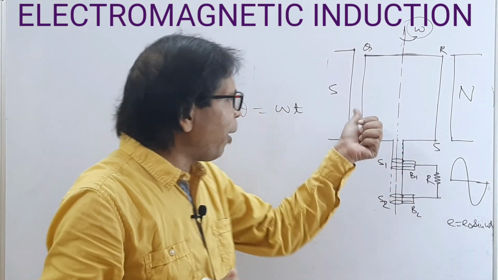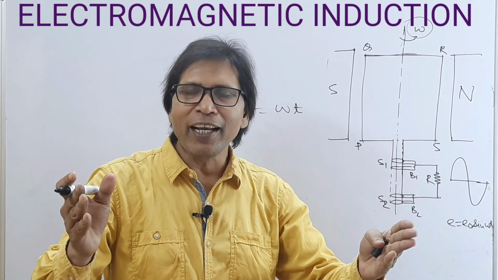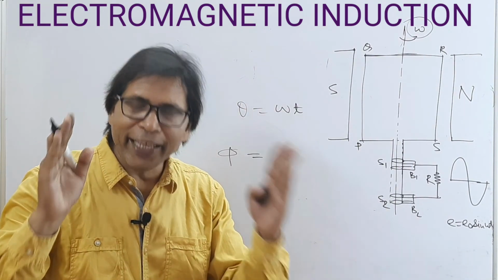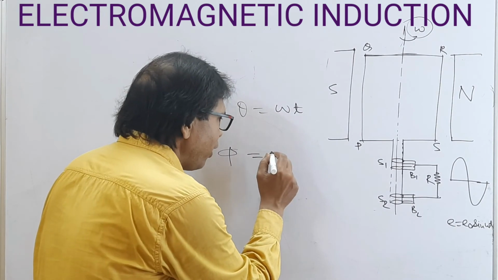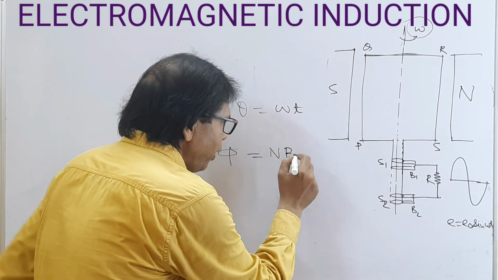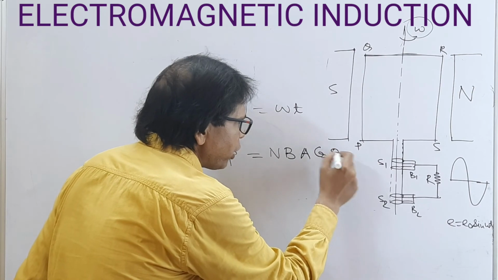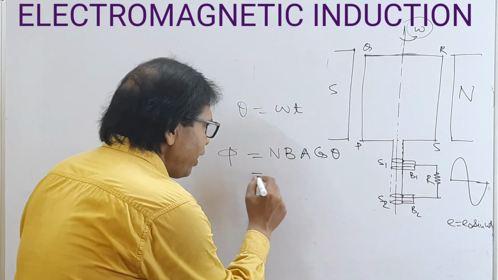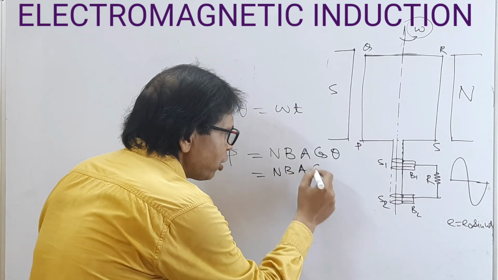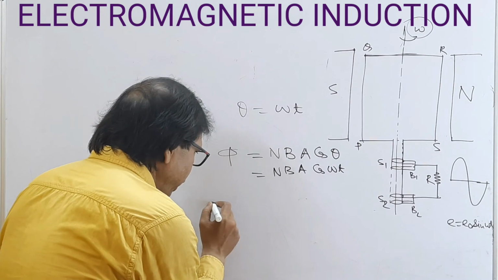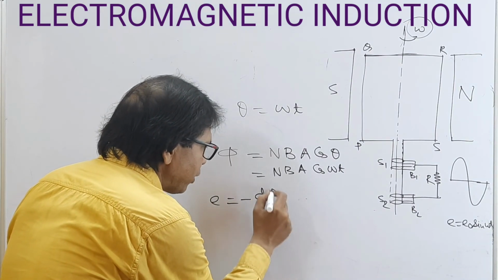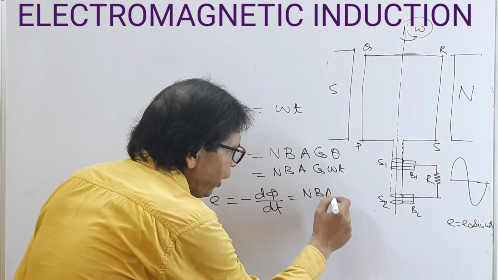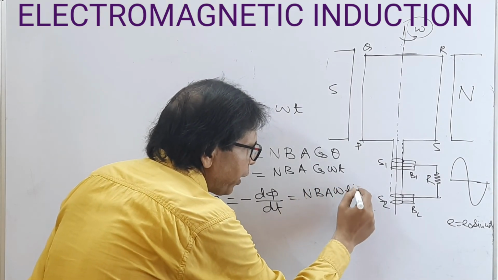If N is the number of turns in the armature coil and A is the area of the coil, the instantaneous flux linked in the coil is N B A cos theta, where B is the strength of magnetic field. Here it is N B A cos omega t. Now induced EMF equals minus d phi by dt. So this is N B A omega sin omega t.